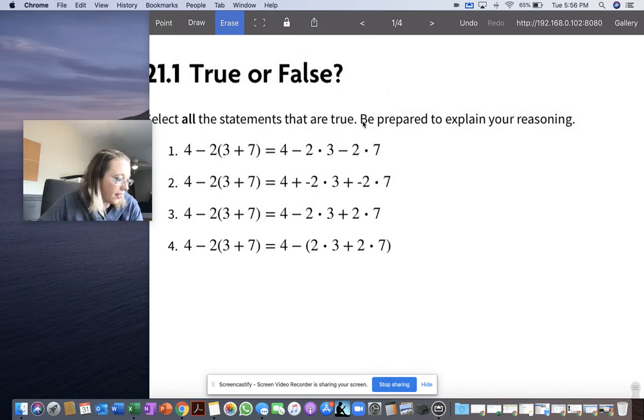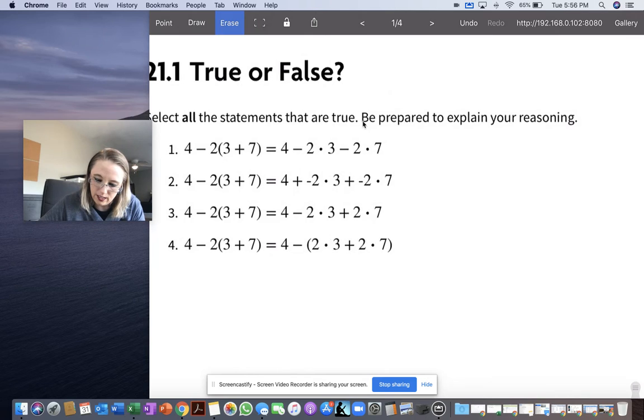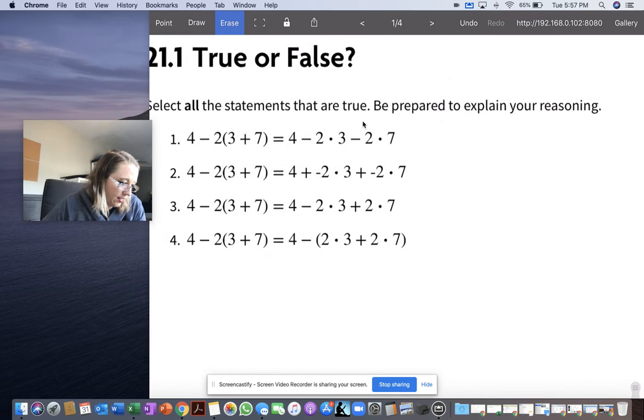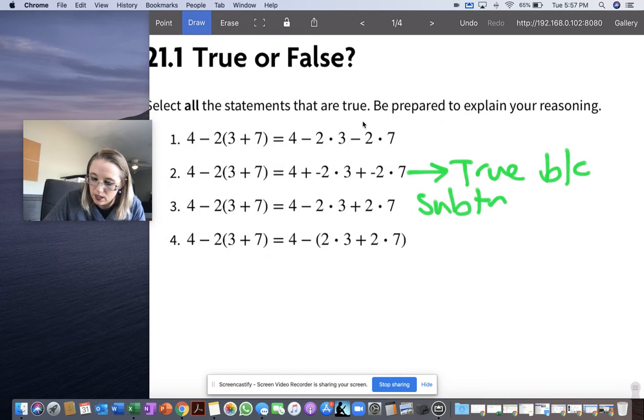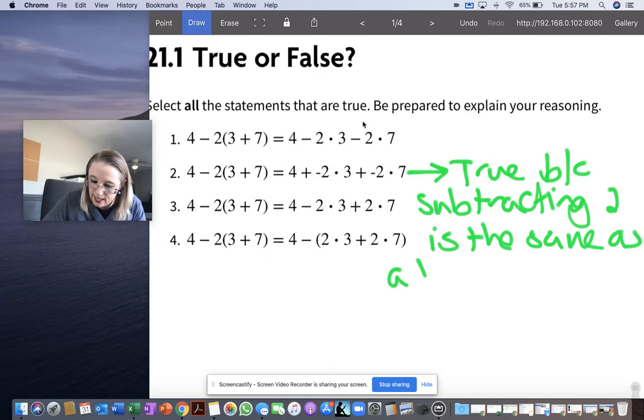Okay. So number 2, solve that one out in your head. Look at the equation. Look at the numbers. It is also true because subtracting 2 is the same as adding a negative 2.